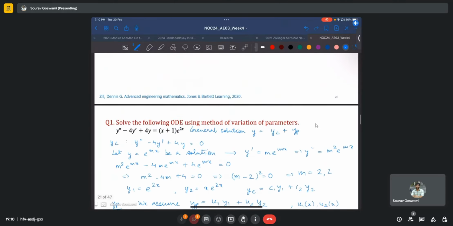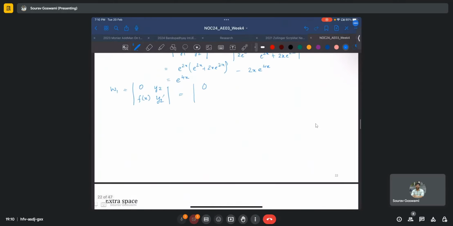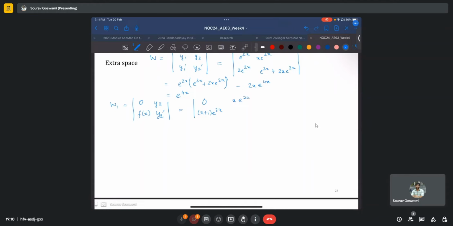So the given function is (x plus 1) e power 2x, y2 was x e power 2x, and this will be e power 2x plus 2x e power 2x, and we compute this determinant. The first term is multiplied by 0. We have minus (x plus 1) e power 4x.